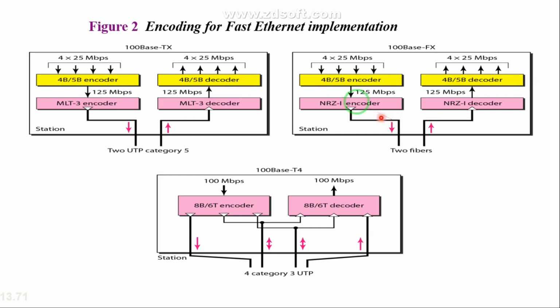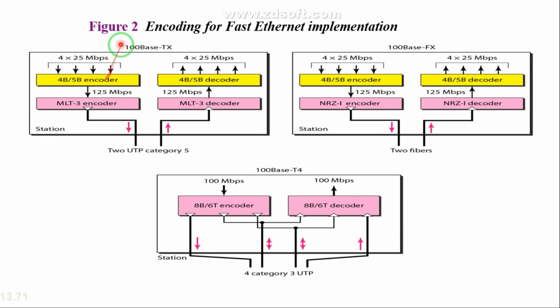Now talking about the encoding. Manchester encoding needs 200 megabaud bandwidth for a data rate of 100 Mbps, which makes it very unsuitable for a medium such as twisted pair cable. For this reason, alternatives were developed, and new encoding and decoding schemes were adopted.